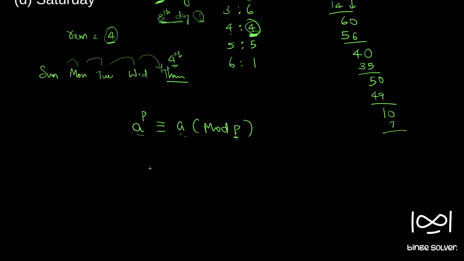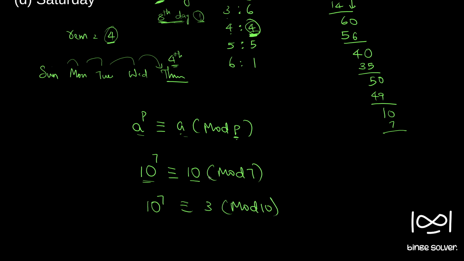So here, using this theorem, we can quickly write that 10 raised to 7 is equivalent to 10 mod 7. What this means is 10 raised to 7 will have the same remainder as 10 when divided by 7. Now 10 divided by 7 has remainder 3, so 10 is equivalent to 3 mod 7. Sorry, I made a mistake earlier.